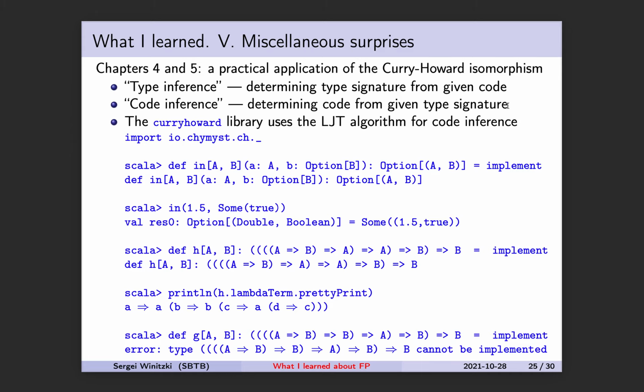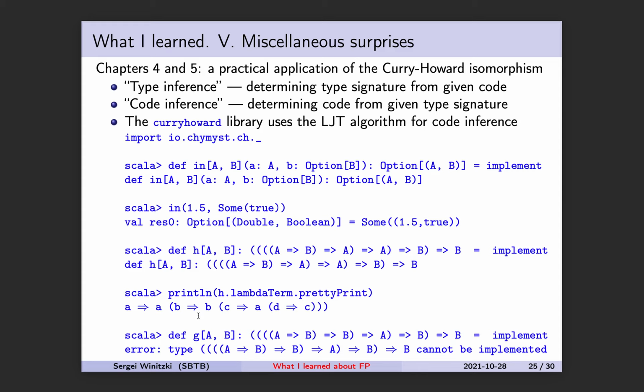So if you're given a type signature of a function, in many cases, you can determine its code. And there's an algorithm for that, which I implemented in a library called Curry-Howard. And this is a practical application of the theory that is called the Curry-Howard isomorphism. So this theory explains in what cases you can implement a function given its type signature.